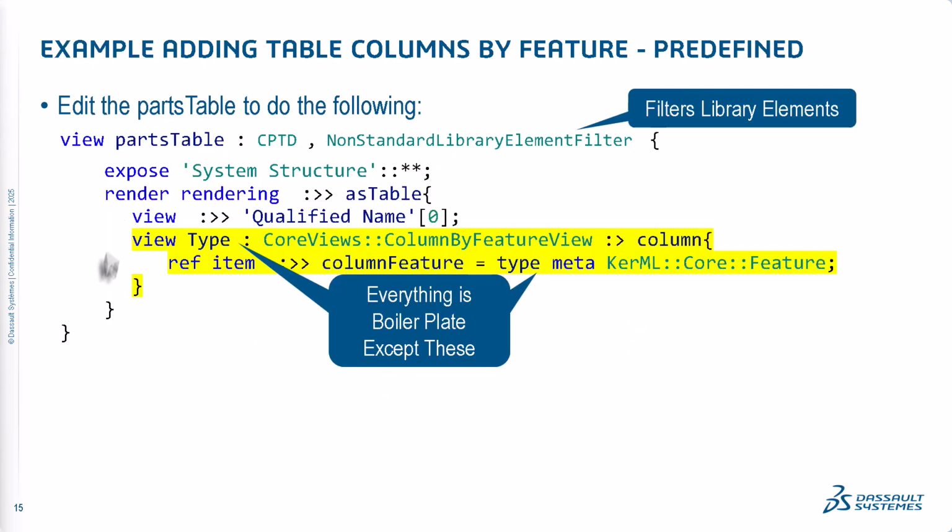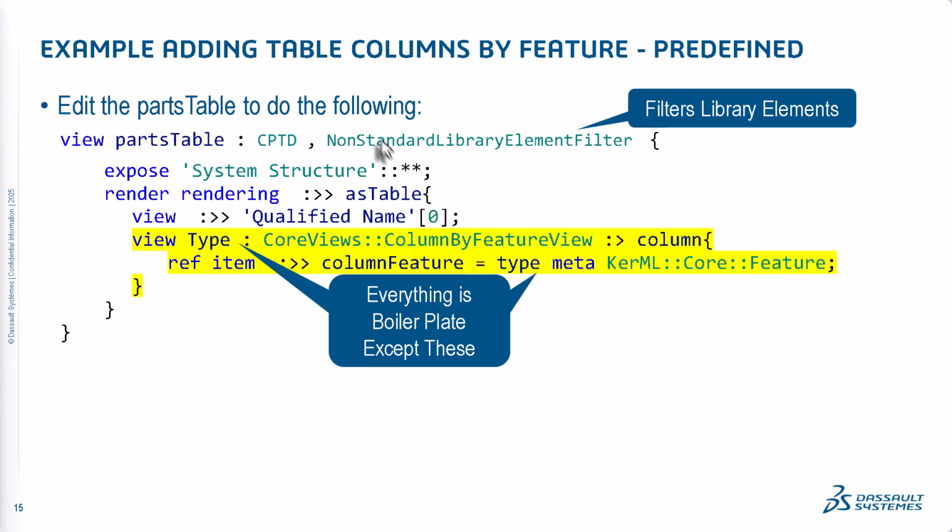So now let's take a look at what we've changed. So what I have highlighted here is the column that we added. We say, again, we removed that qualified name, and now everything that's highlighted is boilerplate except for type here. Remember earlier when I mentioned that other import would give us a specific filter for our view?